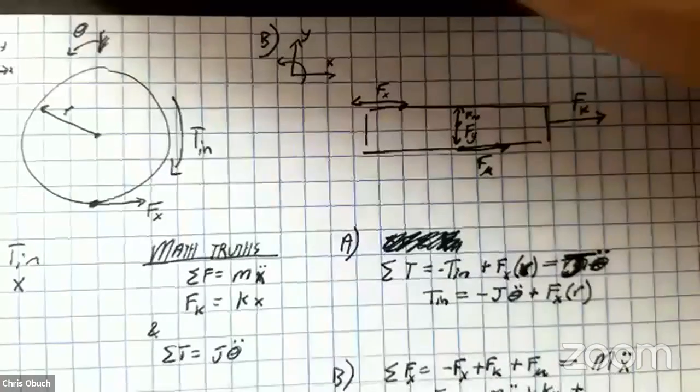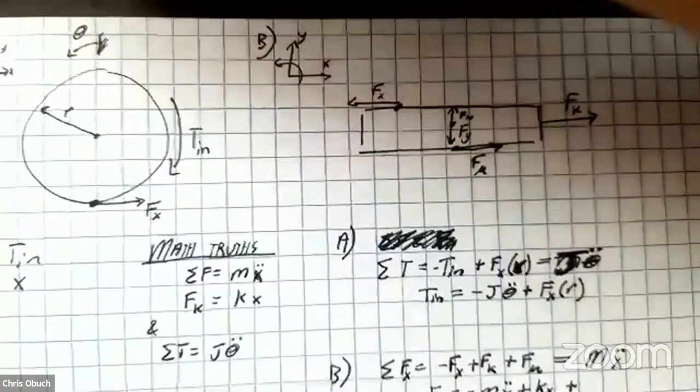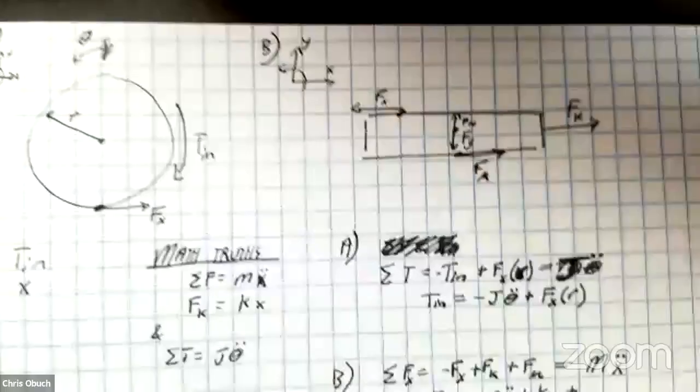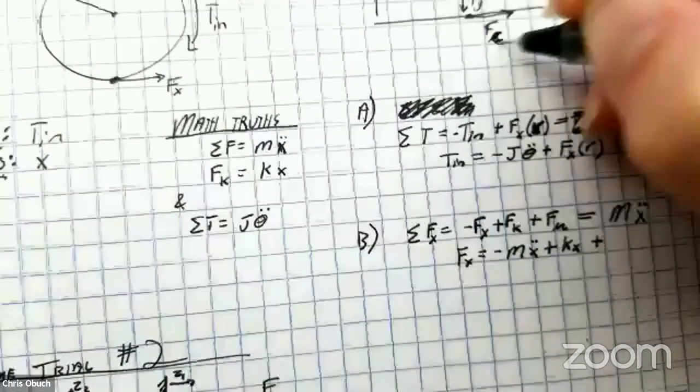Just so you guys know, I pull these problems from different sources, and if you see a C in the problem, they're trying to tell you that that's damping. Damping is either B or C, depending on who you're talking to. And you'll see I or J, those are rotational inertias. I prefer to use J, but do what you like.